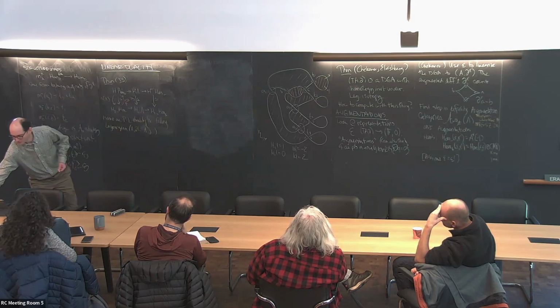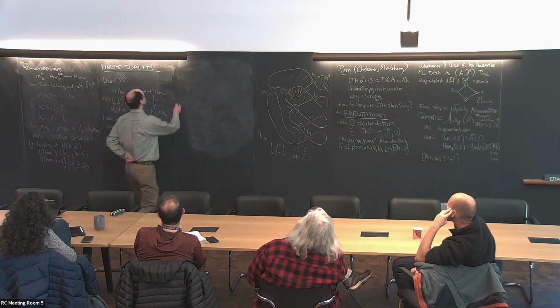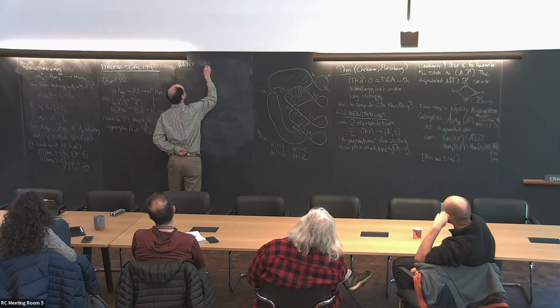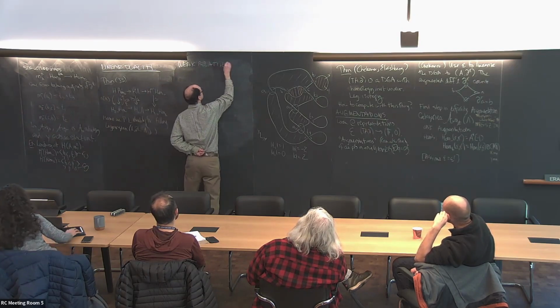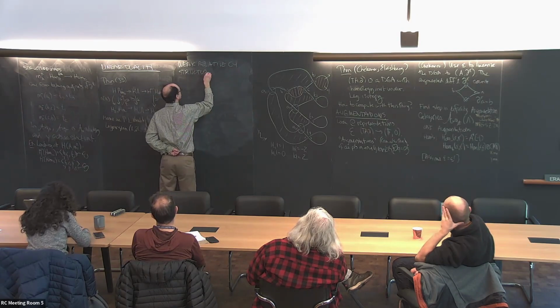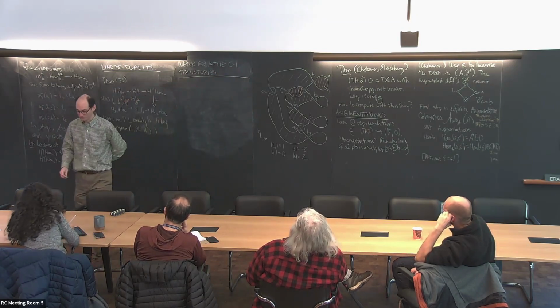Okay, so now we're going to enter the realm of weak relative Calabi-Yau structures. And this really is sort of the new material in the talk.